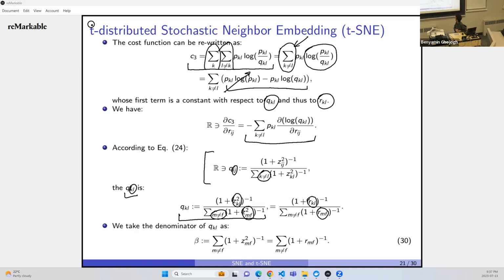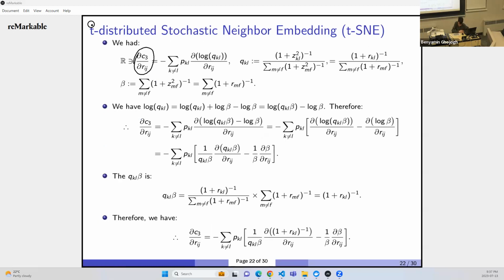Of course. Okay, now I define the denominator, I call it beta. Then this is beta, or this, right? Let's see what happens. The derivative which we wanted to calculate is this. We had this. I'm repeating what we had. Also, this is QKL and this is beta. Let's use them all here.